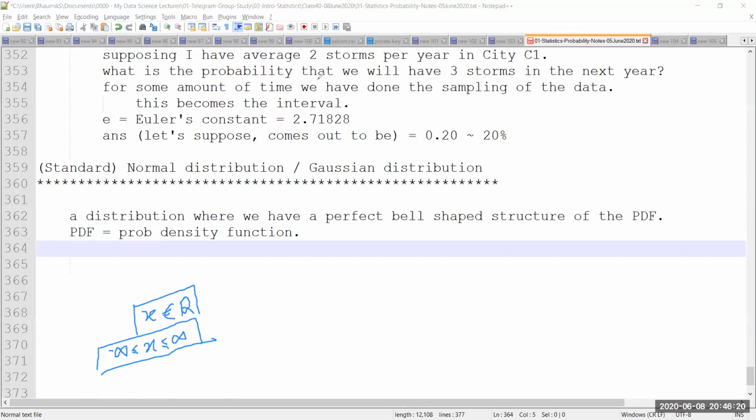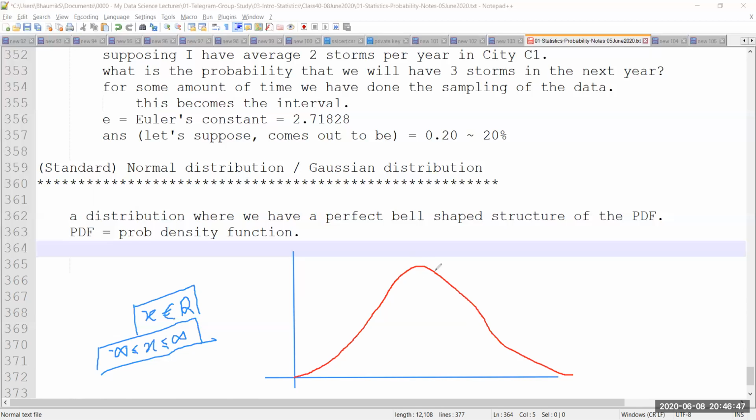Then if I try to draw the distribution, the PDF of that random variable x, then maybe, if I'm lucky, I will see something like this. So maybe I'll see that the distribution goes up and then simultaneously comes down.